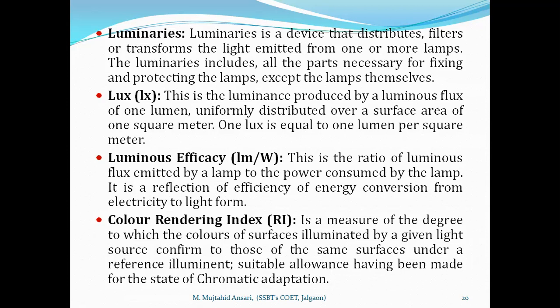Whereas in the discharge lamp, fluorescent lamp efficacy is very good, whereas the mercury vapor lamp efficacy is smaller. Similarly, the LED light efficacy is very good. So here efficacy means the total lumens output from the source divided by the power consumed by the lamp.